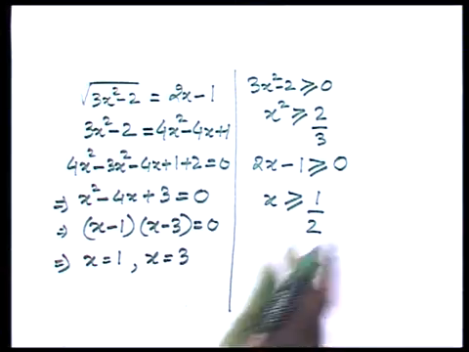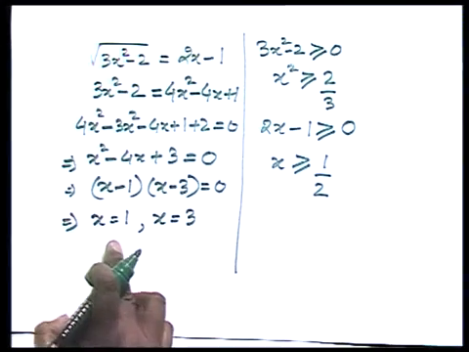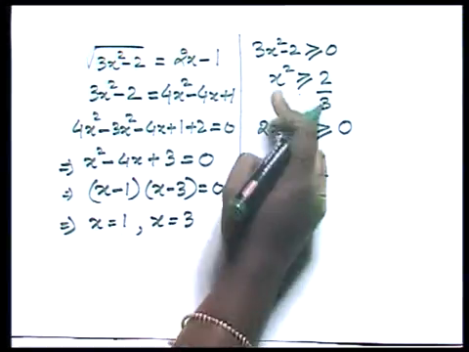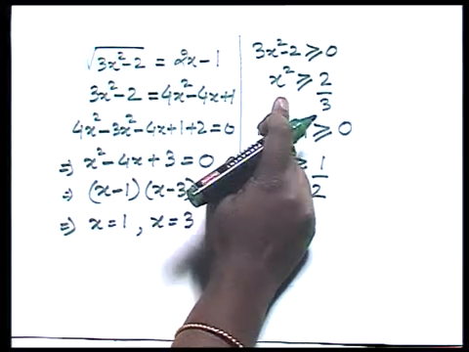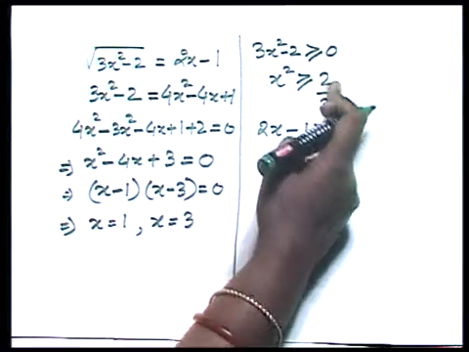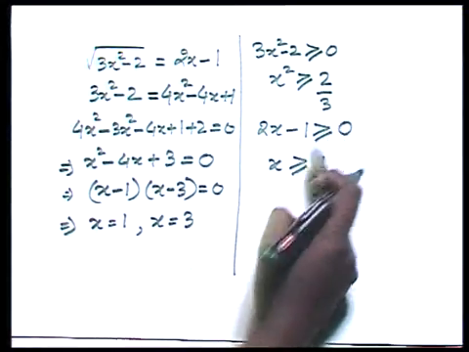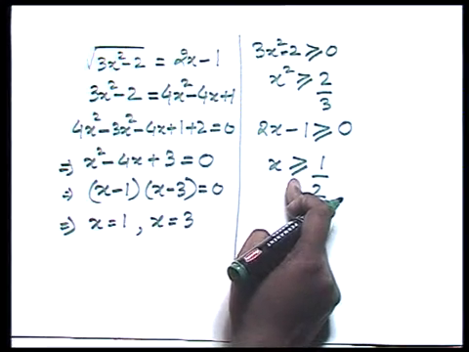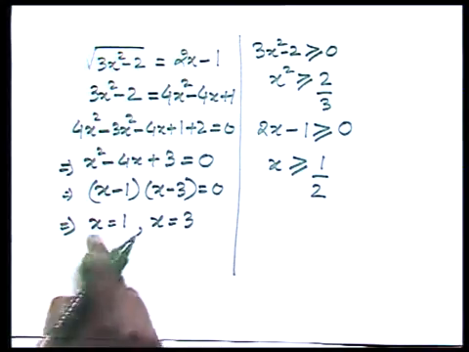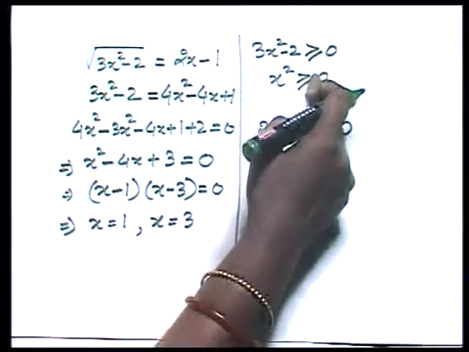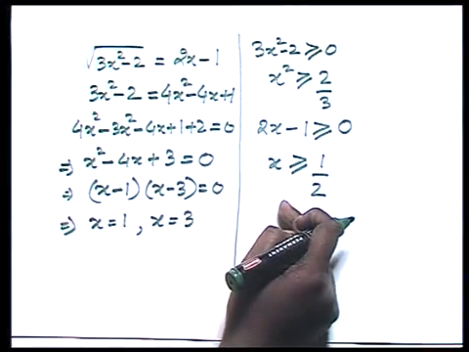Let us see. When we have x = 1, then we find that 1 squared is naturally greater than or equal to 2/3 and 1 is greater than 1/2. So x = 1 satisfies these two conditions.